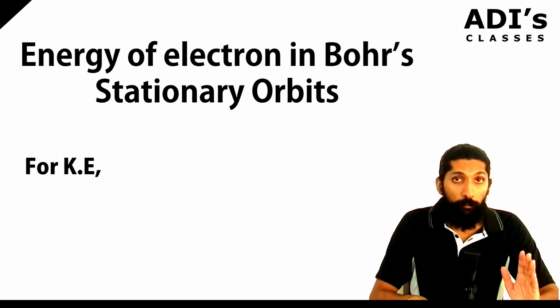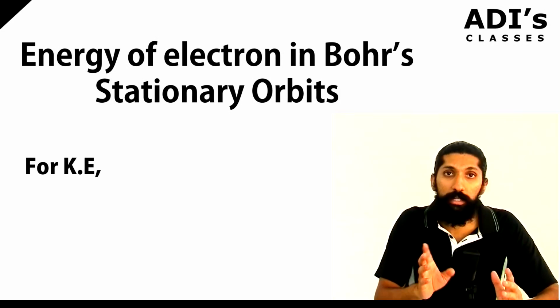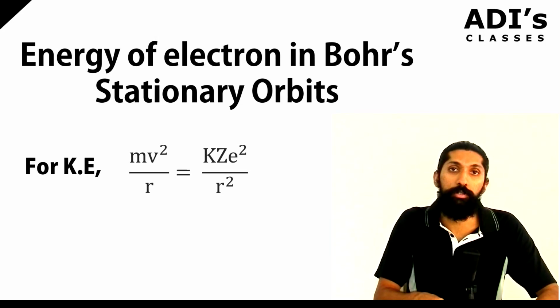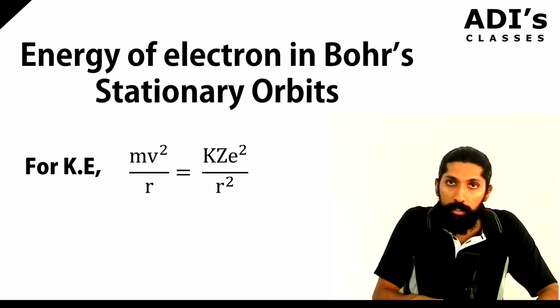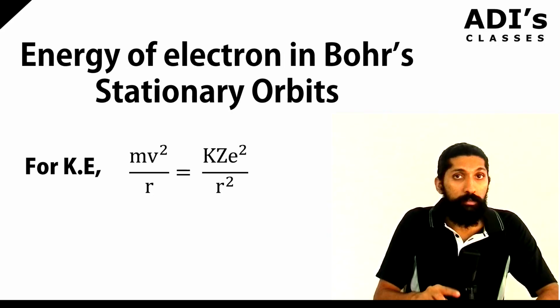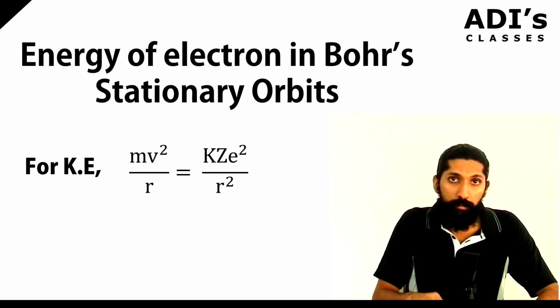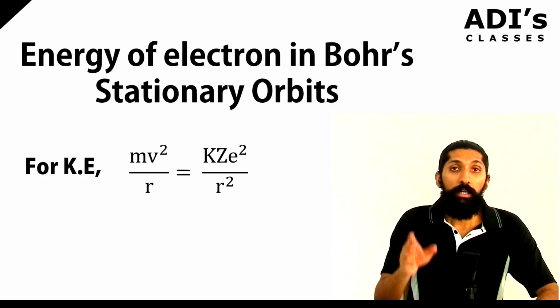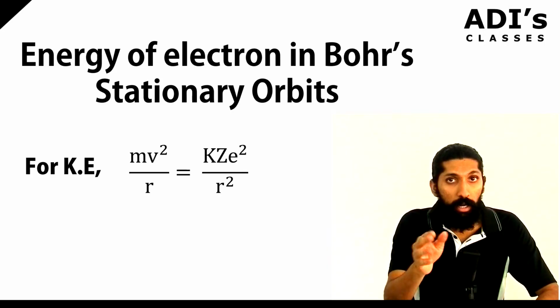To calculate kinetic energy, again we go to the case of centrifugal force. So mv²/r = k·Ze²/r². Cancel off one r. Multiply both the sides by half.